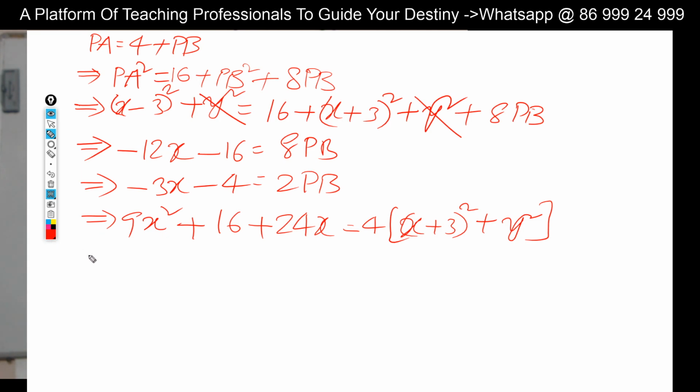And thereby, I am writing this step directly now. This is 4x square brought this side becomes 5x square. And here you have 6x into 4, 24x that gets cancelled on both sides. And this is y square brought this side, minus 4y square.